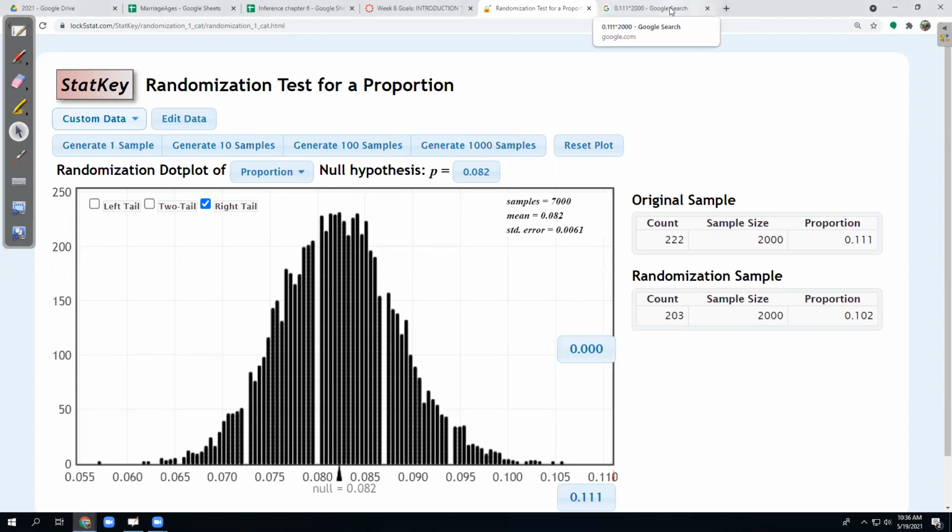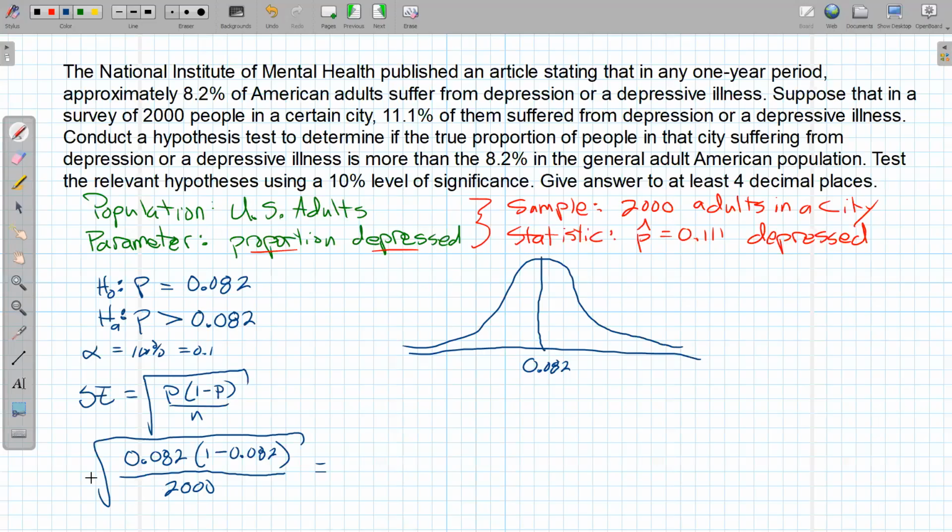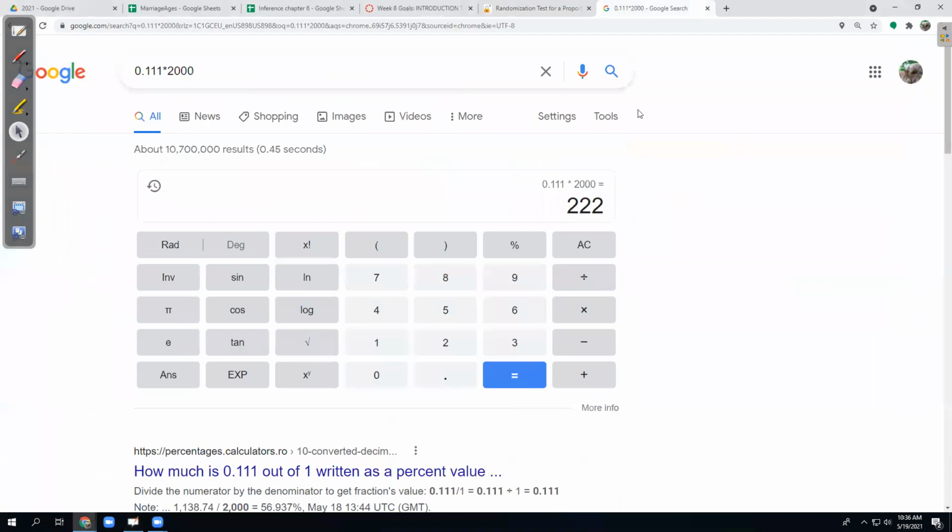Let's get on the calculator this calculation here to see if it really is 0.006-ish. So then I want to square root. And then on this kind of calculator, I got to be super careful with parentheses. It should work to go 0.082 times parentheses 1 minus 0.082.